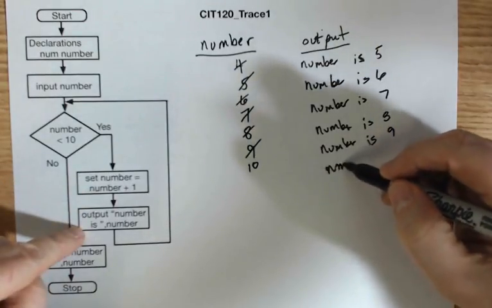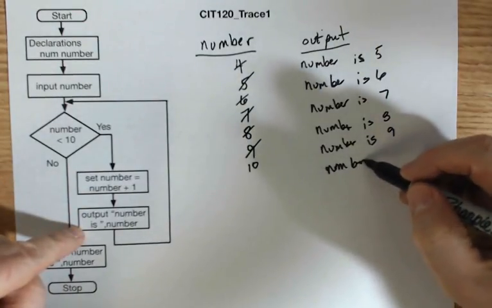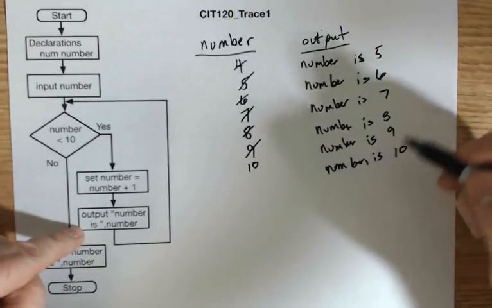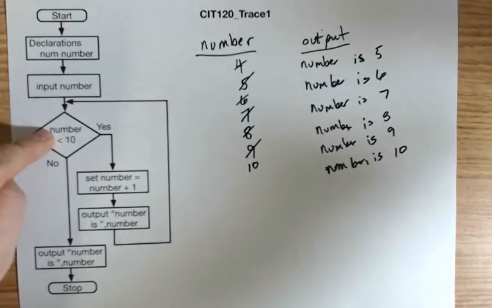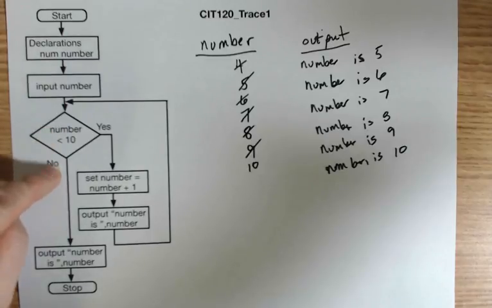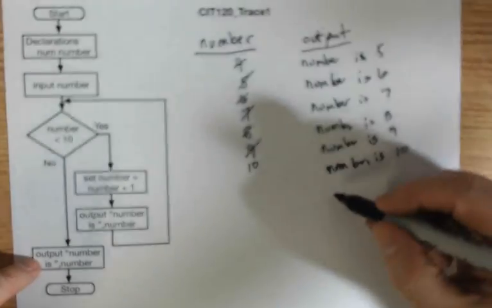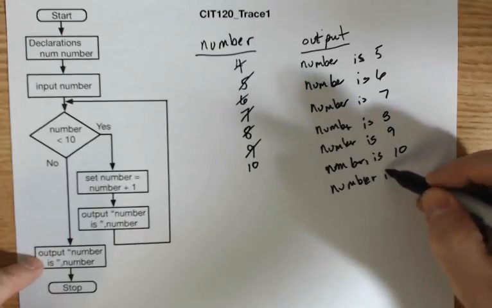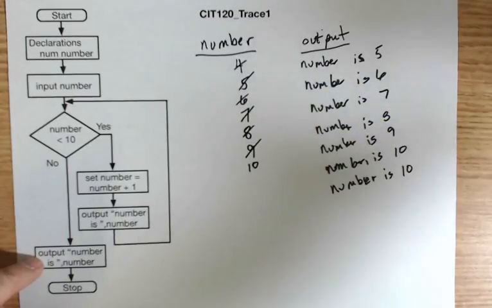We do our output statement again, which says number is 10. We go back to the top of the loop. Now we ask the question, is 10 less than 10? That is false. So we take the no answer. We have a block here that outputs "number is" the current value of number, which is still 10, and then our program terminates.